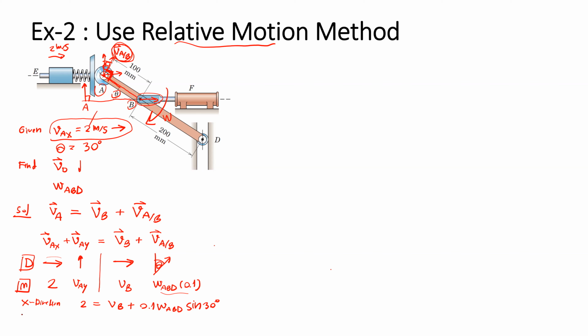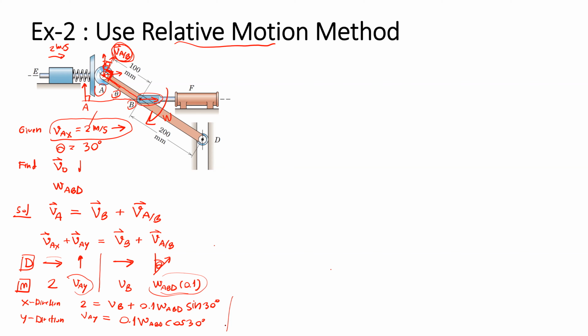For the y direction, we have Vay unknown, and we have this in the y direction. And we have the equation here.